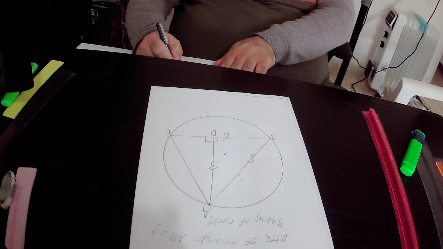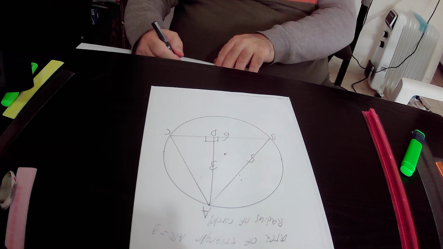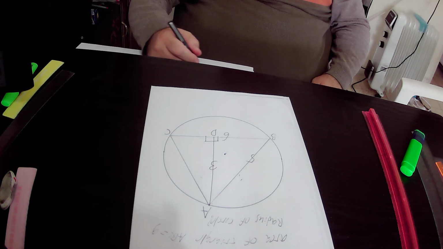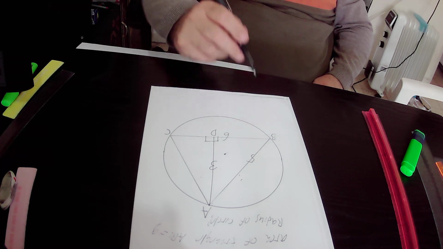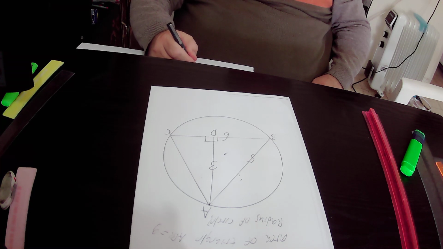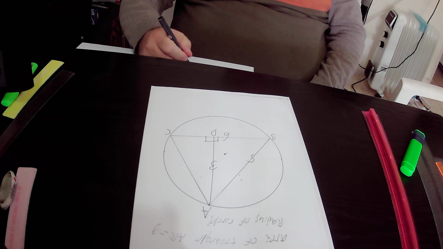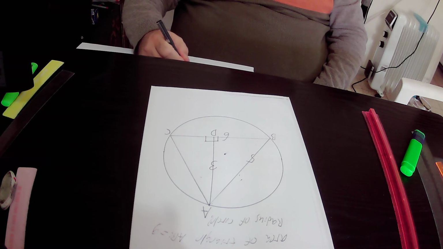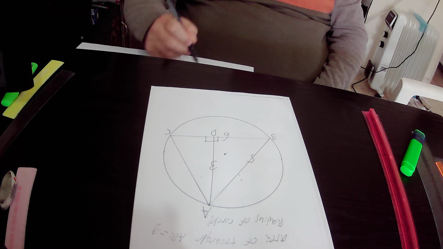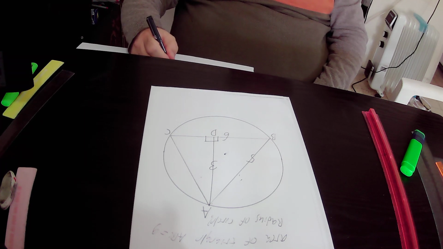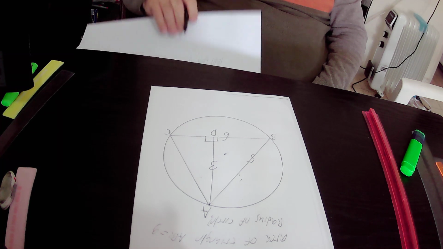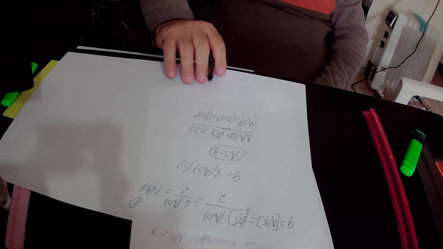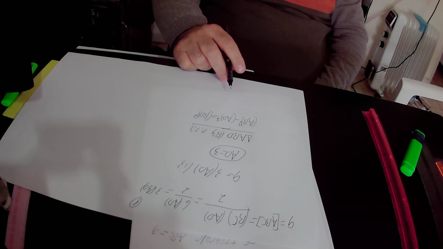In the right triangle ABD, we get that AB squared, the square of the hypotenuse, minus AD squared equals BD squared. This is according to the Pythagoras theorem, that the square of the hypotenuse equals the sum of the squares of the perpendiculars. So AB squared minus AD squared equals BD squared.